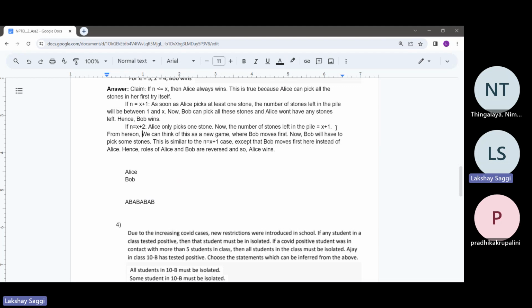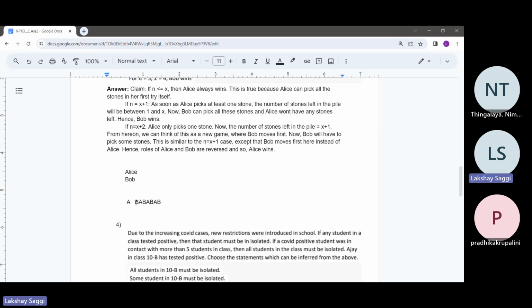So basically, initially Alice was moving, right? Alice has already moved, and after this, there are x plus 1 stones left. So now the remaining sequence of moves can be thought of as a new sequence, right? Before this A, we had x plus 2 stones, and just after A, we have x plus 1 stones.